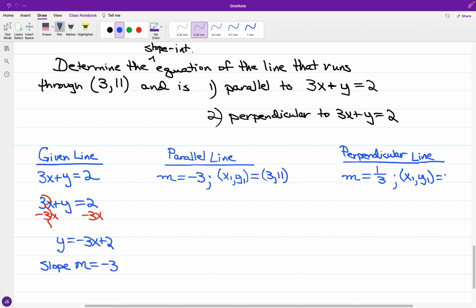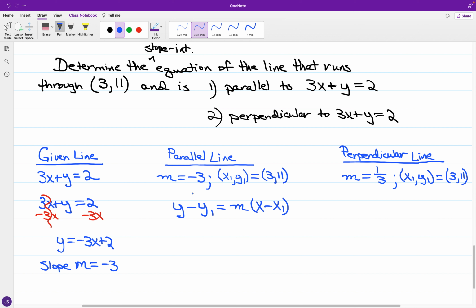Looking for the slope-intercept equation of the parallel line, through the point-slope equation route, we have y minus y1 is equal to the slope m times the quantity x minus x1.